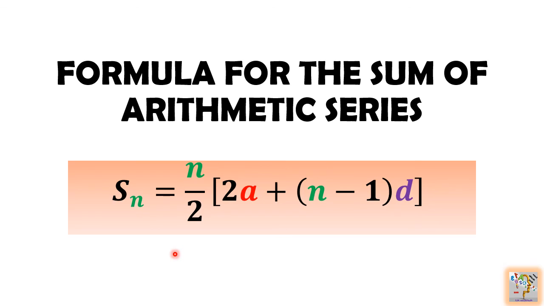So Sn is equal to n divided by 2 into 2a plus n minus 1 into d, where n is the number of terms, a is the first term, which is t1, and d by default is the common difference, the first common difference.